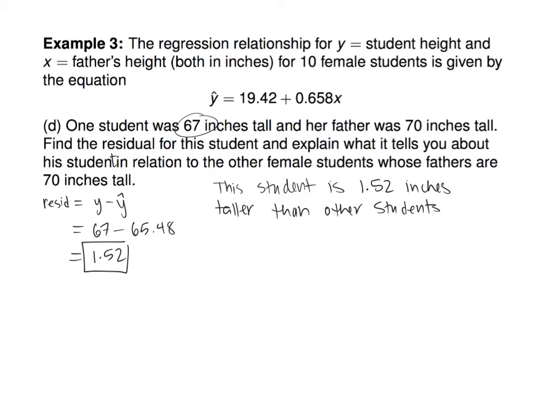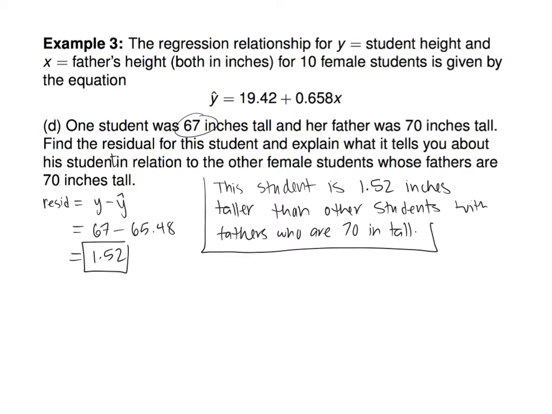So 1.52 inches taller than other students with fathers who are 70 inches tall. She's probably shorter than students who have fathers significantly or even a little bit taller than hers.